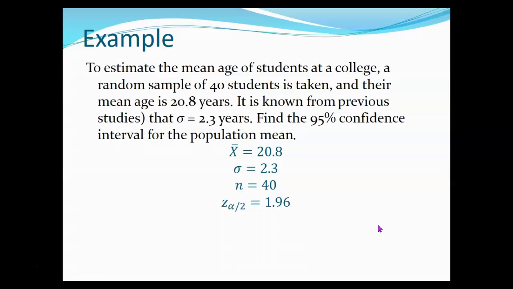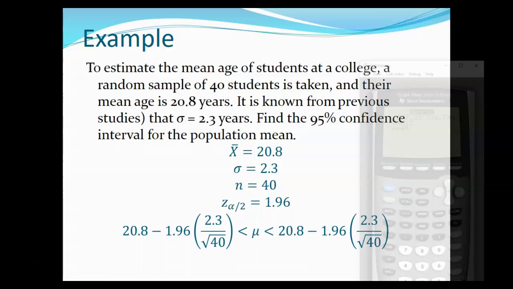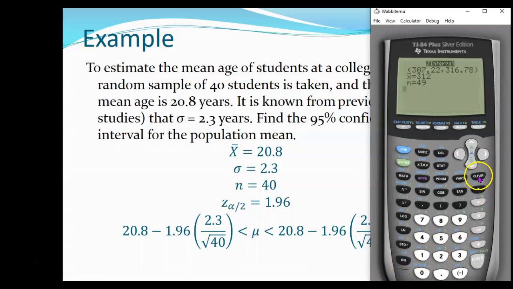Now, when we put all that into the formula, here's what it looks like. And when I put that into my calculator, 20.8 minus 1.96 times 2.3 divided by the square root of 40 is about 20.1.